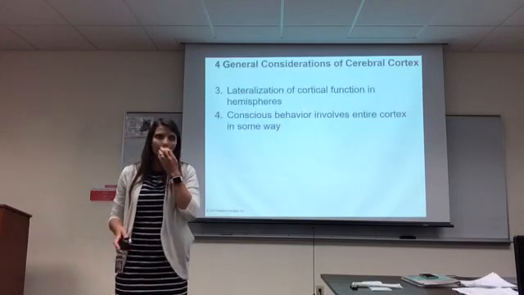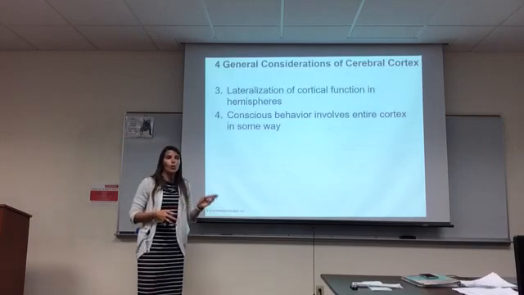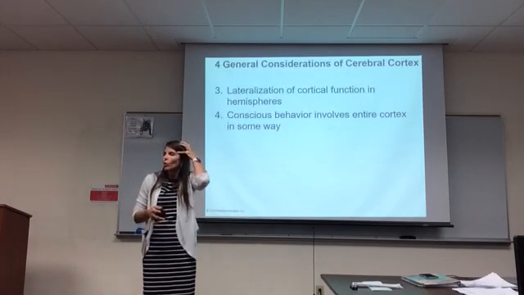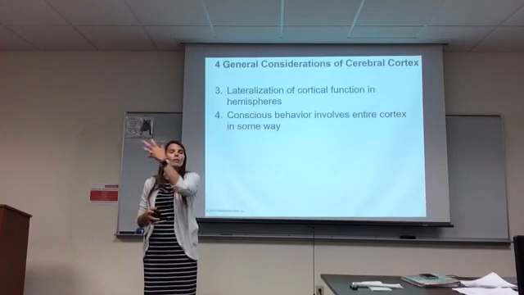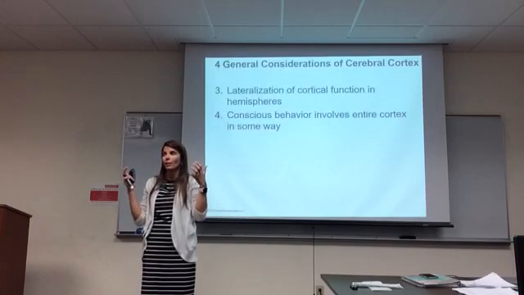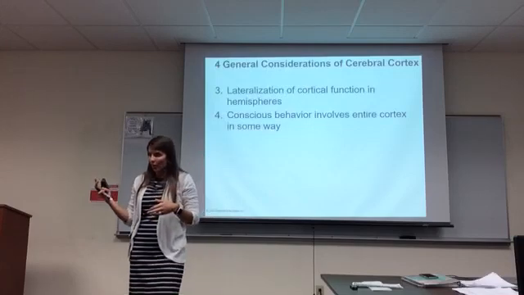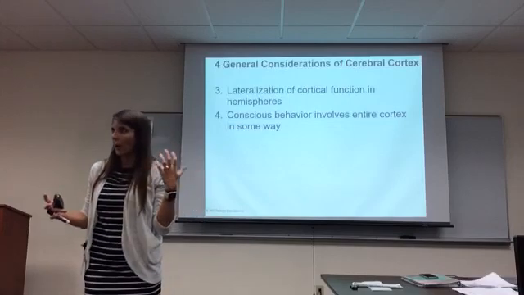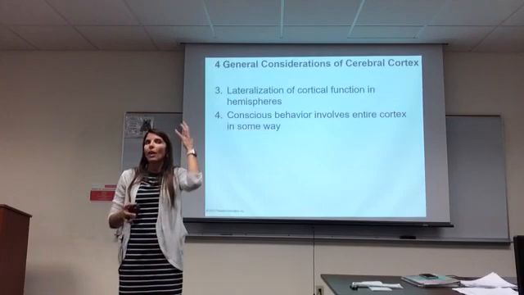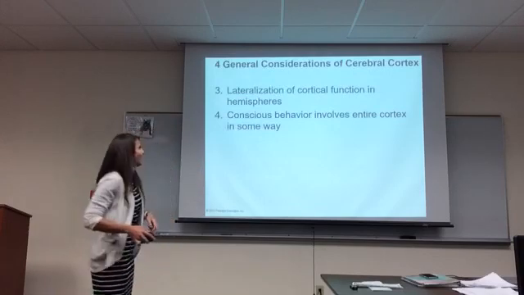It mentions that there's lateralization of the cortical function. What that means is there are certain things that the left side of your brain does, and there are certain things that the right side of your brain does. They both don't do the same thing. Like you've heard people say, oh, you're more left brain or you're more right brain. That's what that's referencing. So they control contralaterally, but there's more left brainedness.